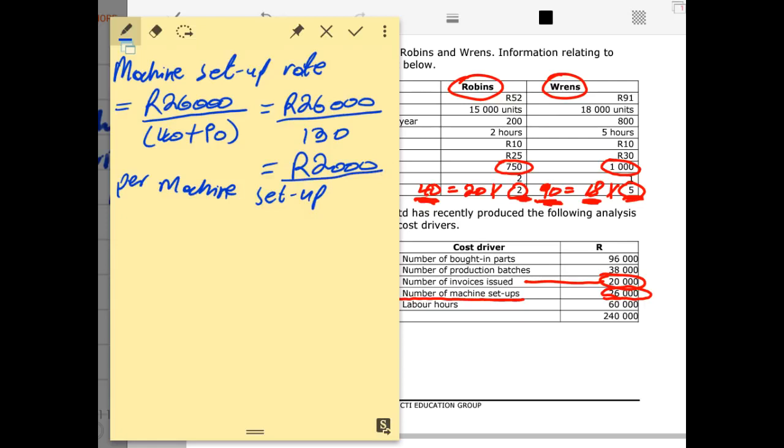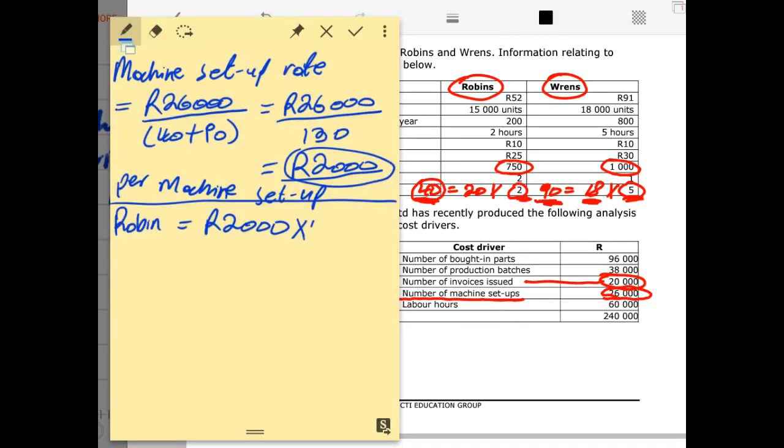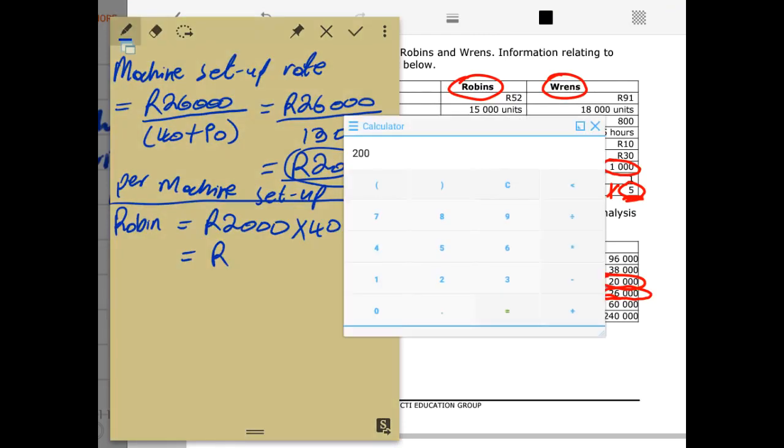So now when we allocate our overhead to our 2 products, the same principle applies. Take the rate of 2,000, you multiply by the total number of machine setups, times by 40. Then that will be 2,000 times by 40.